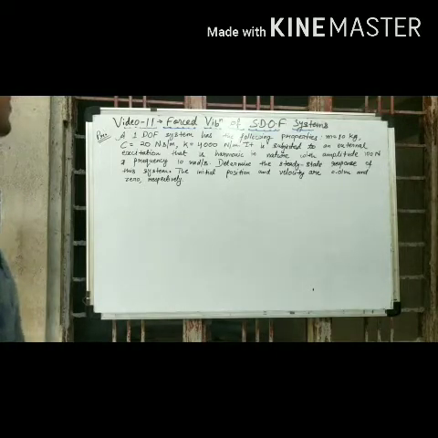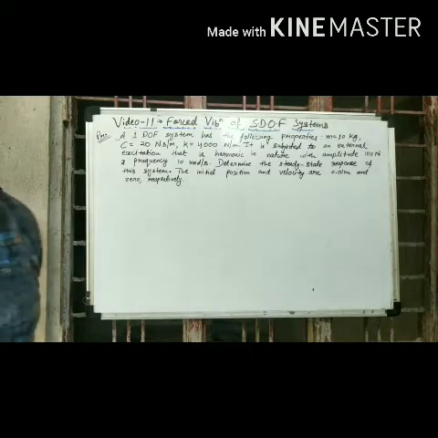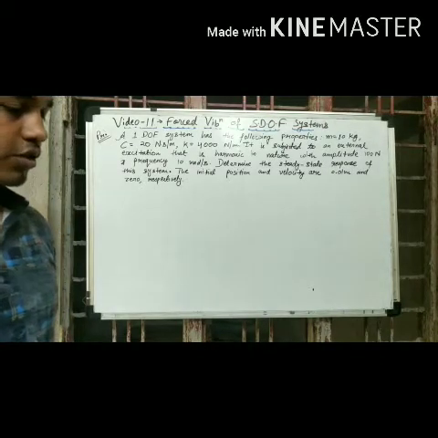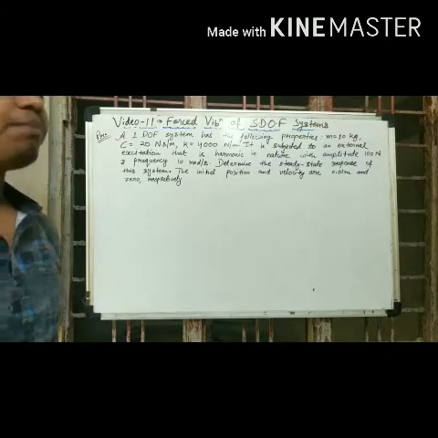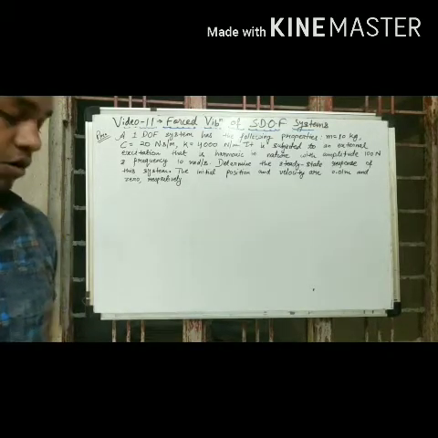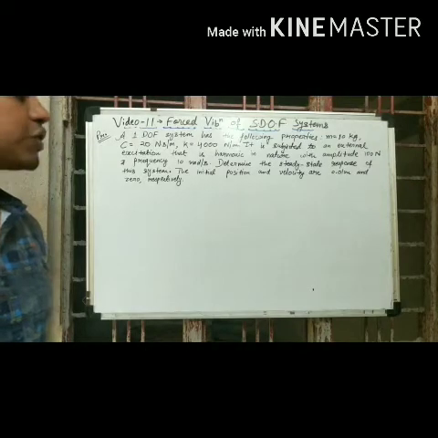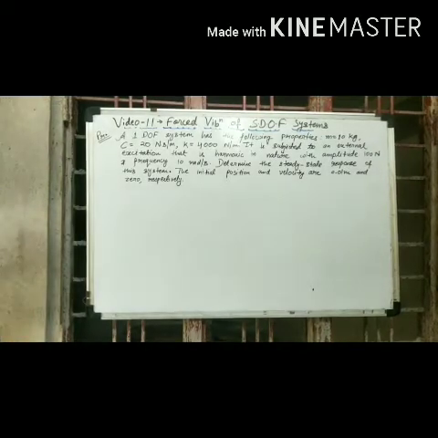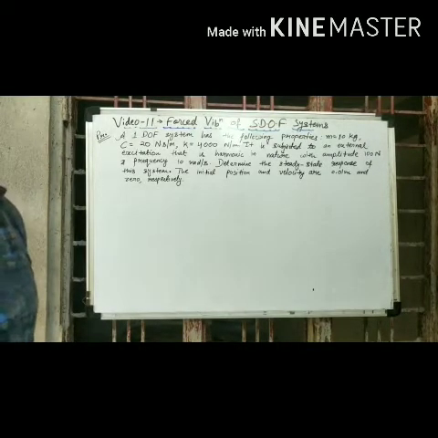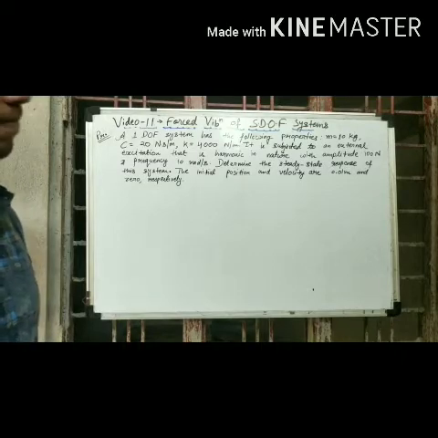In video number 10, we discussed the general solution, the complementary function and particular integral of the equation of motion of a harmonically excited damped spring mass system with one degree of freedom.